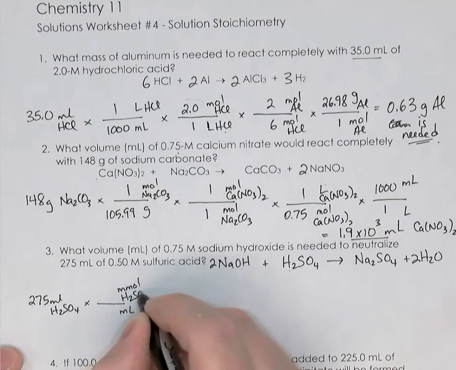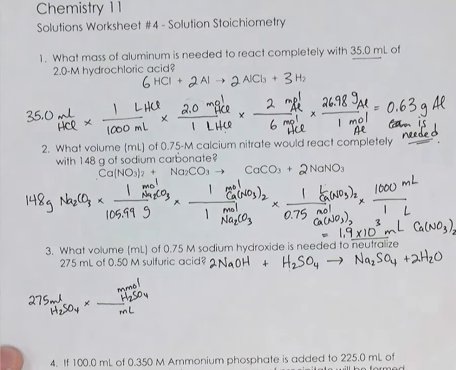You recall that concentration, moles per liter, is the same as millimoles per milliliter. So when we see 0.5 molarity, that's 0.5 moles per liter. It means also that there's 0.5 millimoles of sulfuric acid for every milliliter.